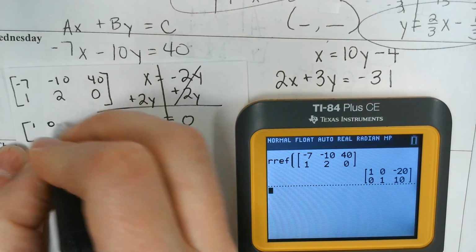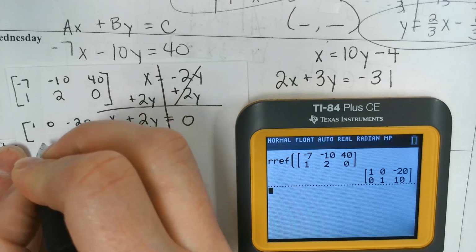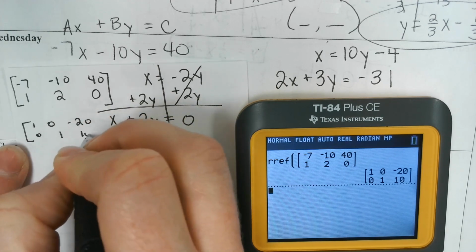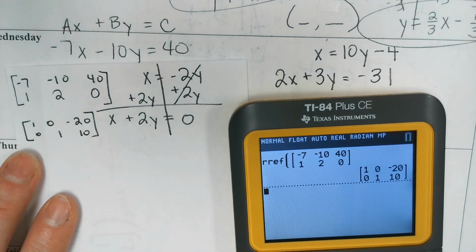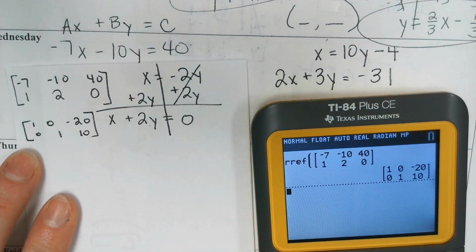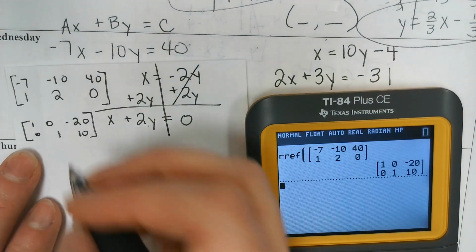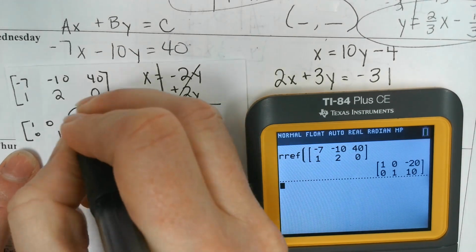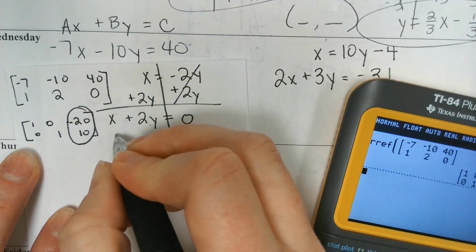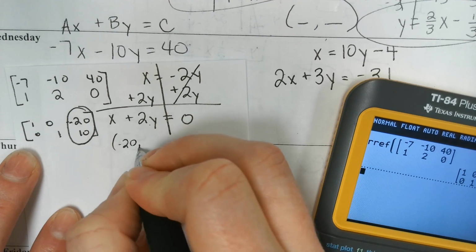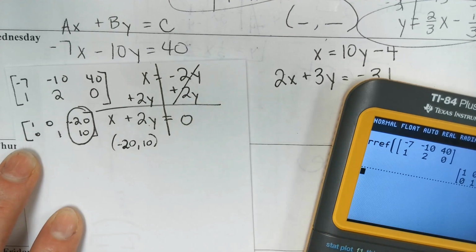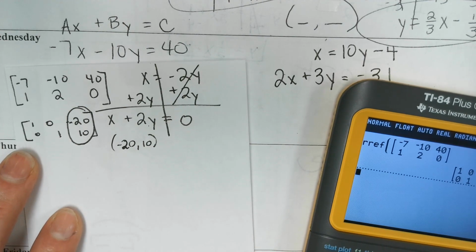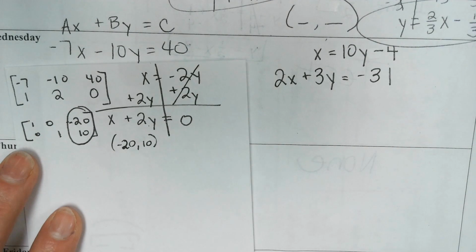I know it's a lot in a tiny little area, but we can do it. So then our solution is the x comma y. Our solution on this was -20, 10. As you're doing your Delta Math assignment today, you can look back on this one so you can remember what to do.